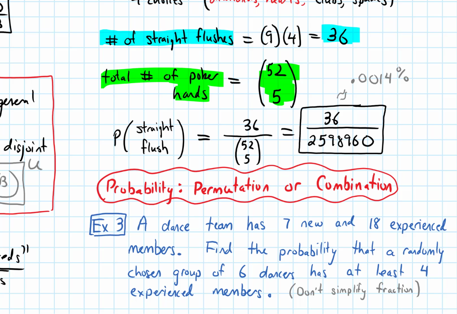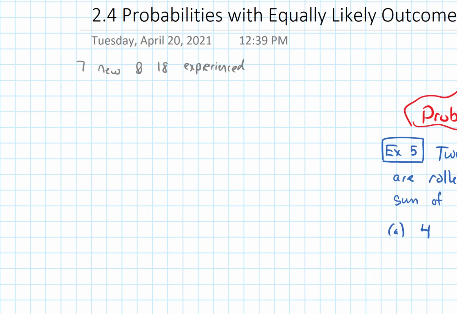All right. So this question says that we have 7 new and 18 experienced members. And what we need is a group of 6 dancers with at least 4 experienced members.